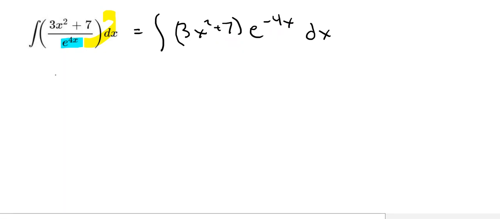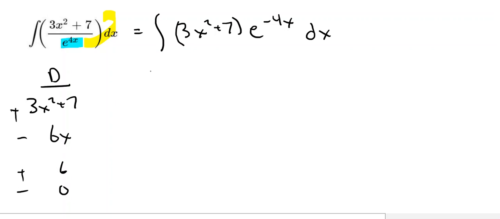So we have a D column, which will be our algebraic part. And we'll take the derivatives, 6x, 6, 0, plus, minus, and our I column, which would be e to the negative 4x. So negative 1/4 e to the negative 4x.